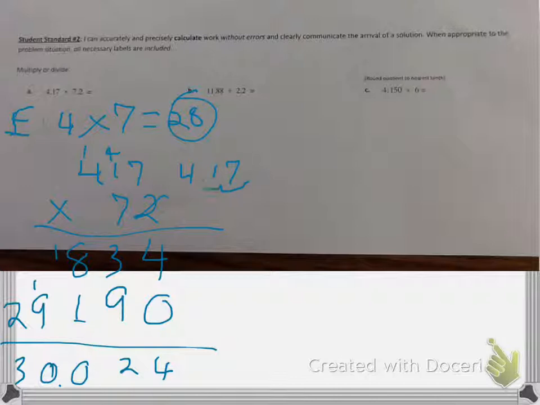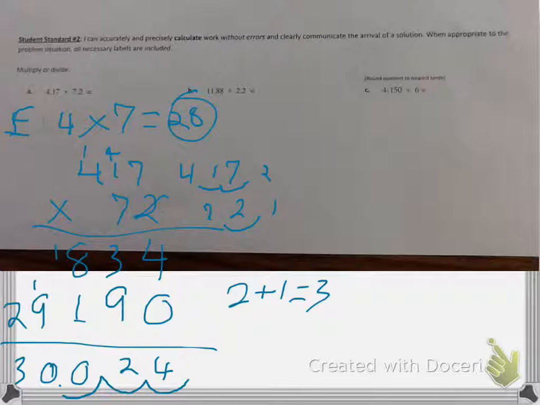That's 2 decimal places from the right. The next one, 7 and 2/10, 1 decimal place from the right. So 2 plus 1 equals 3 decimal places. If I move from the right in my product, I move it 3 places, right in between the 2 zeros.